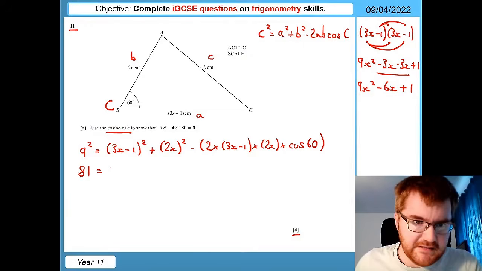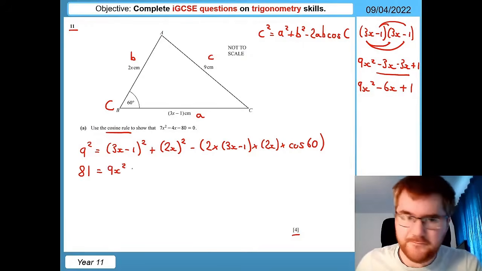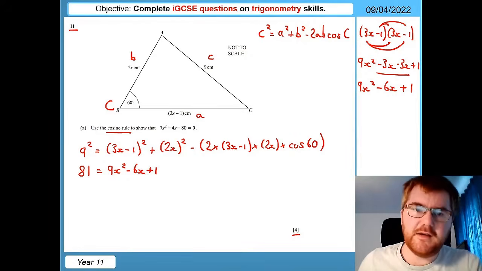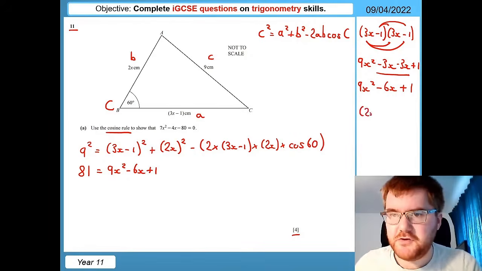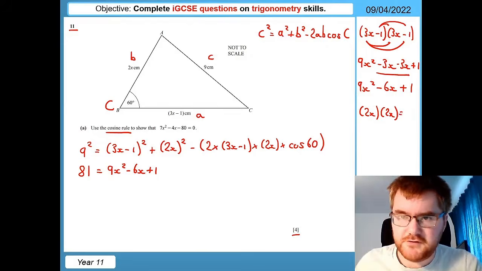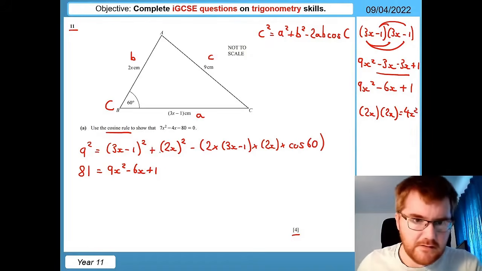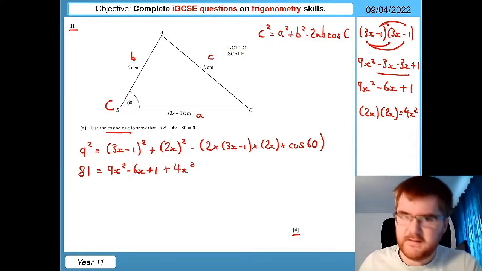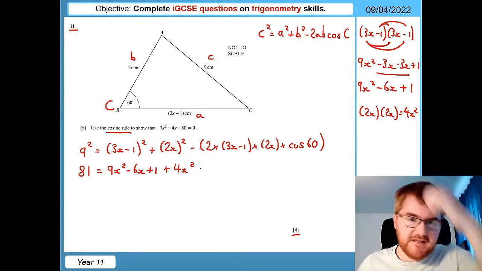So let's pop that in now. So 9x squared minus 6x plus 1. Now 2x all squared, remember that's the same as doing 2x times 2x, and that's equal to, well, 2 times 2 is 4, x times x is x squared. So let's pop 4x squared here. And now let's neaten this out.